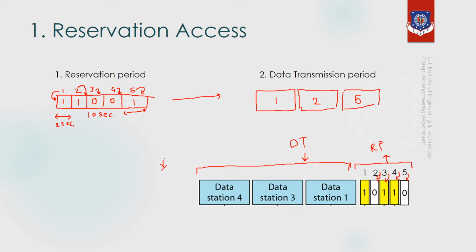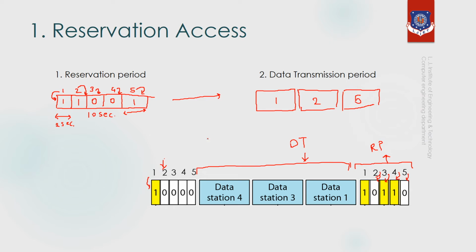Now suppose device 1 wants to send data again, so it will make reservation by sending 1. Device 2 will send 0, it means it doesn't want to send any data. Device 3 sends 0, device 4 is also not making any reservation, right?